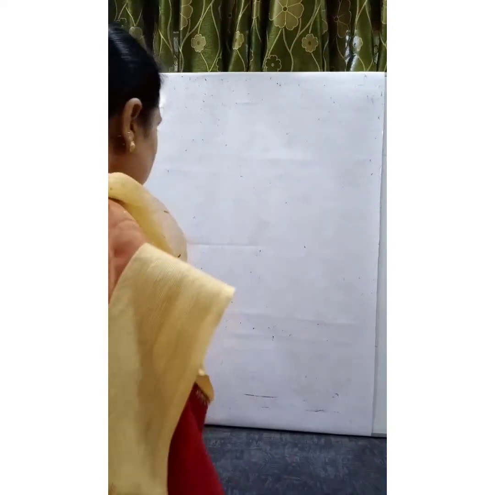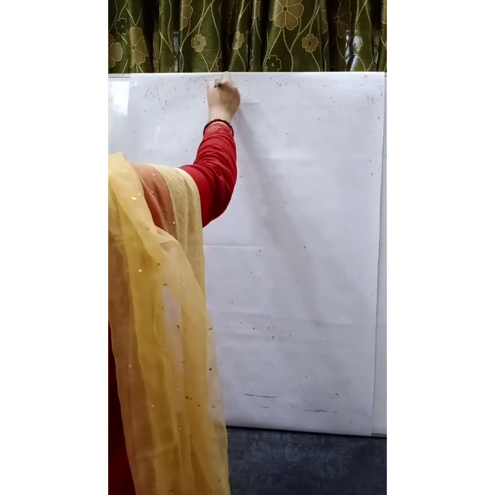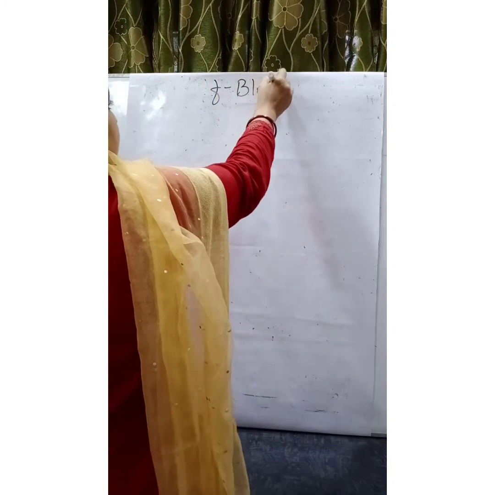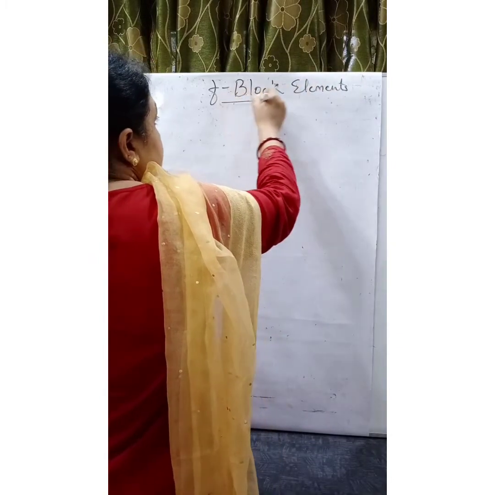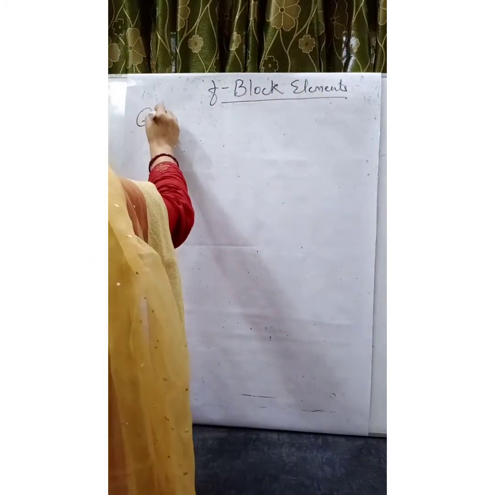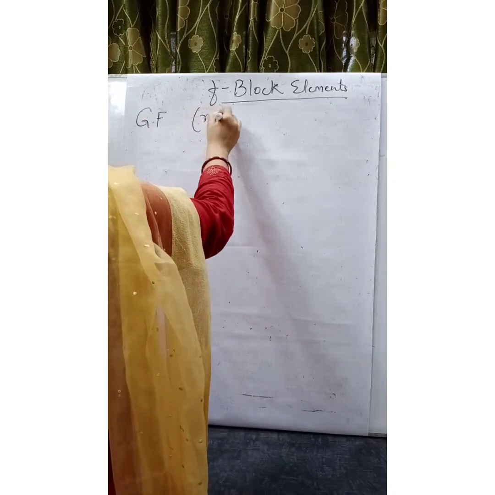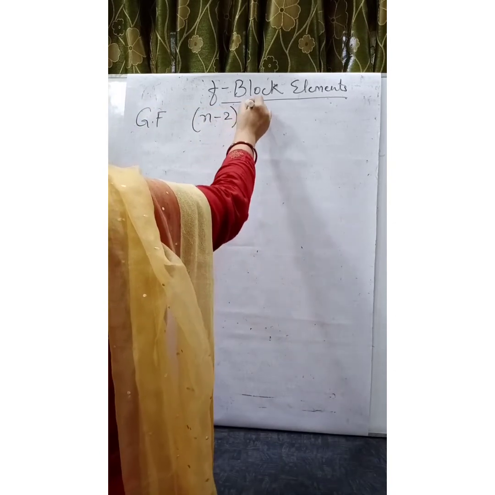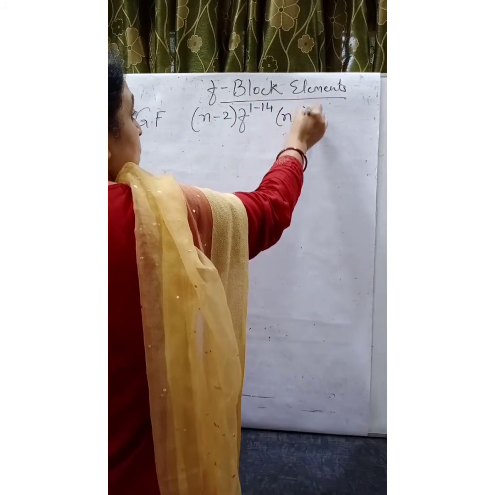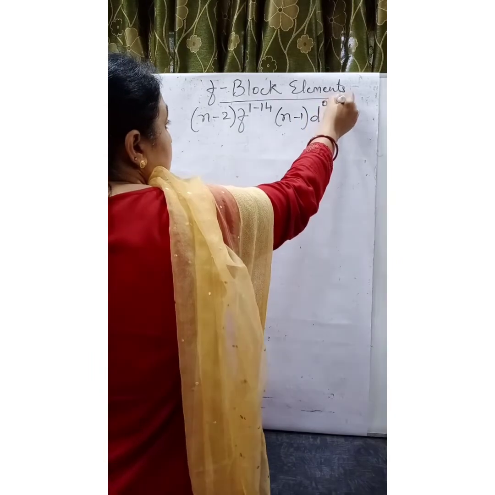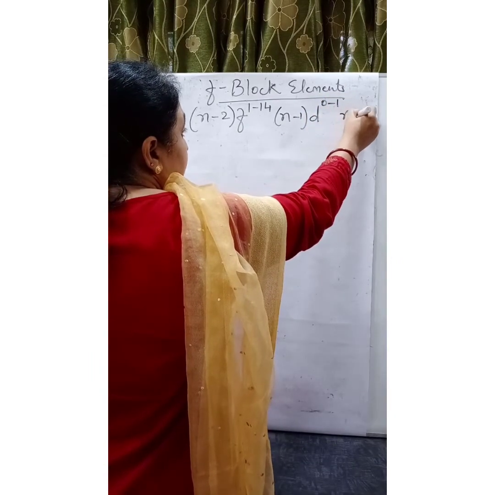Today we will be discussing f block elements and their electronic configuration. The general electronic configuration of f block elements is written as (n-2)f1 to 14 (n-1)d0 to 1 ns2.